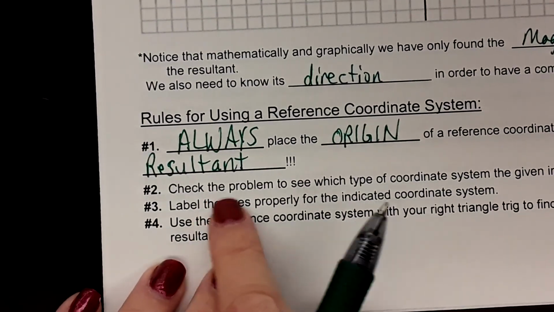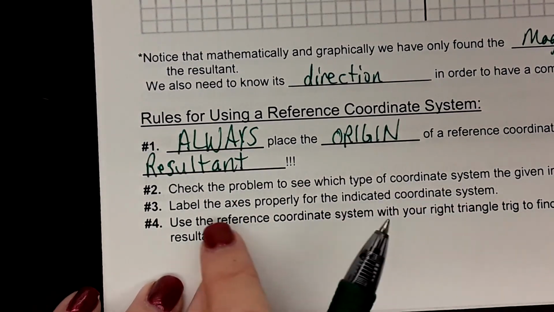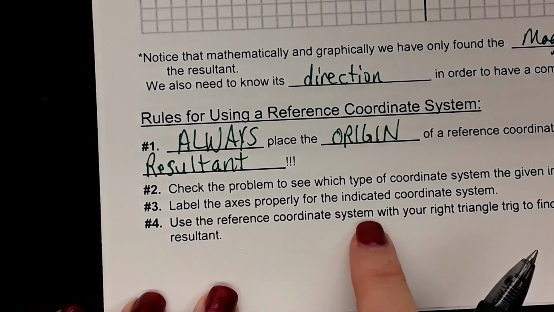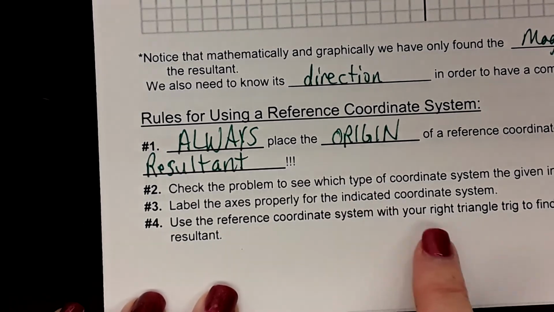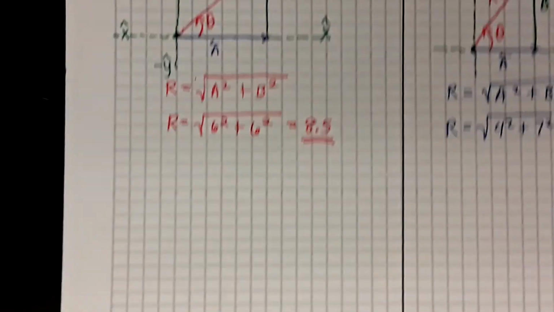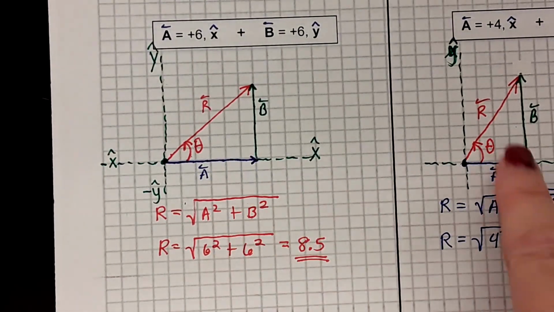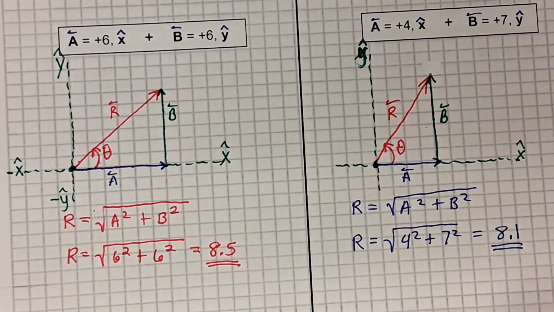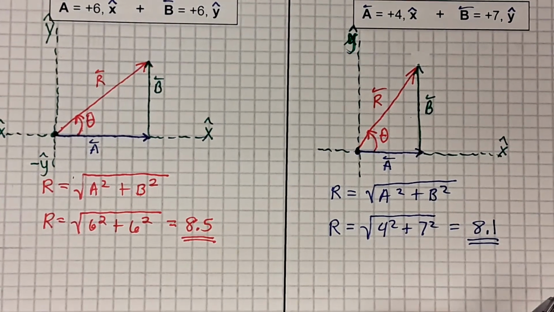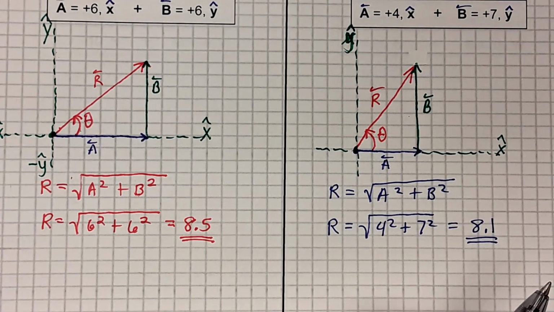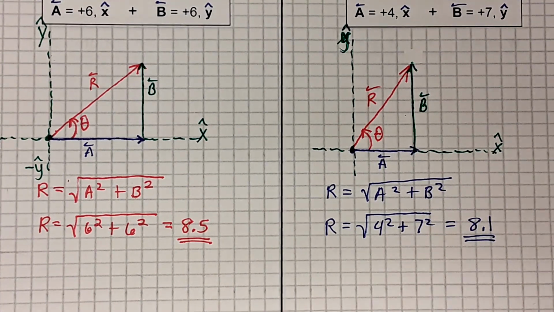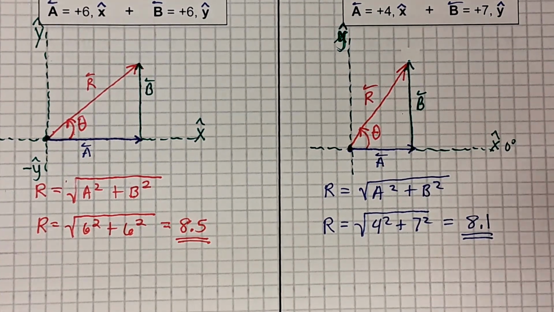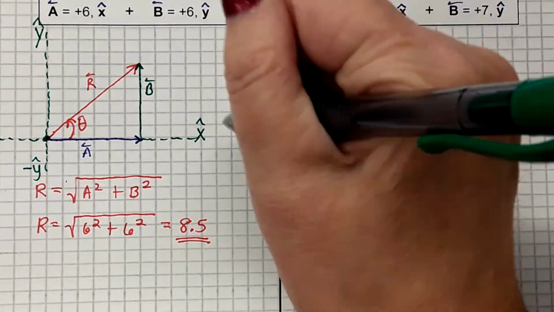All right, so we've found out what coordinate system we have. We've labeled our axes. Now we're going to use the reference coordinate system with our right triangle to find the direction. All right, so in both these cases, we happen to be in the first quadrant. And we learned in our reference 12 yesterday in that video that we're going to be measuring from the x-axis, which is 0 degrees, around towards the y-axis.